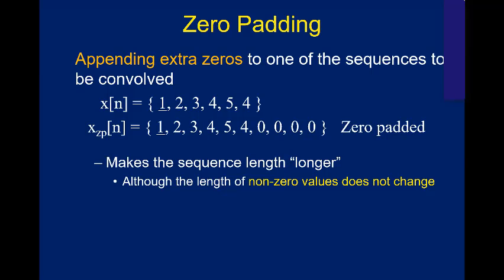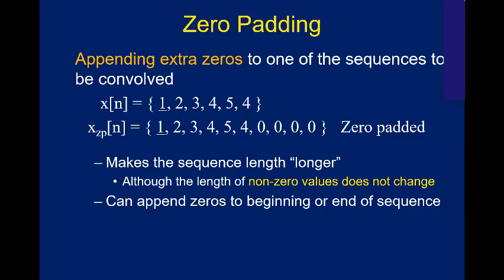So it appears like it makes the sequence length longer, although it hasn't changed the non-zero value length of the signal. We'd still say this has 1, 2, 3, 4, 5, 6 non-zero samples. But when I'm counting positions for how many columns I need in a sum by column convolution, I'm going to count these as well.